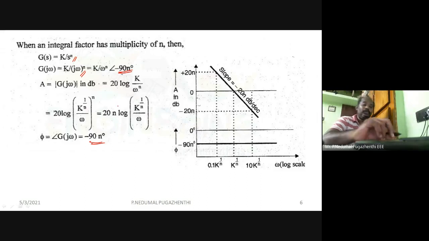Any doubts according to these two factors? One is constant gain and the other one is integral, or if you have a multiple of n integrals. Any doubts here?